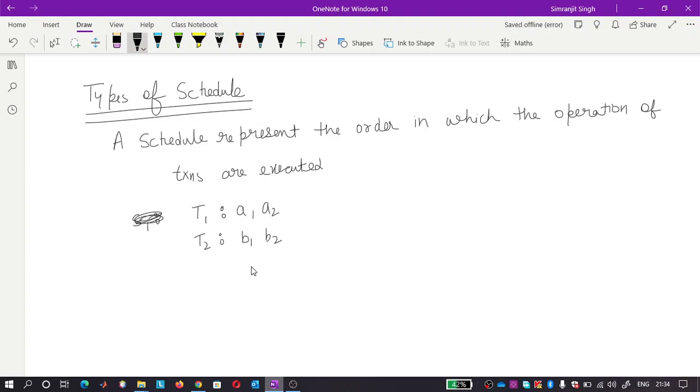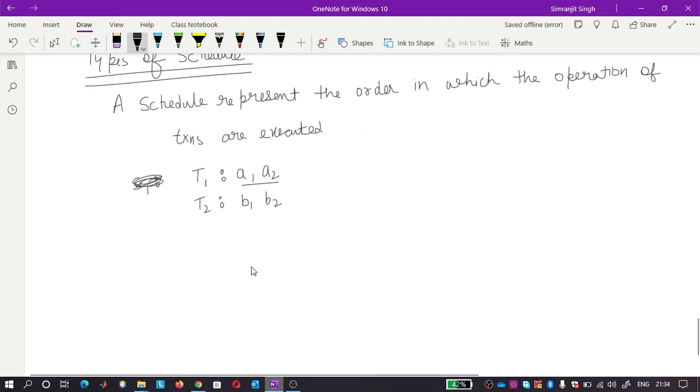So a schedule represents the order in which the operations of transactions are executed and maintained. Suppose this is schedule 1, S1.